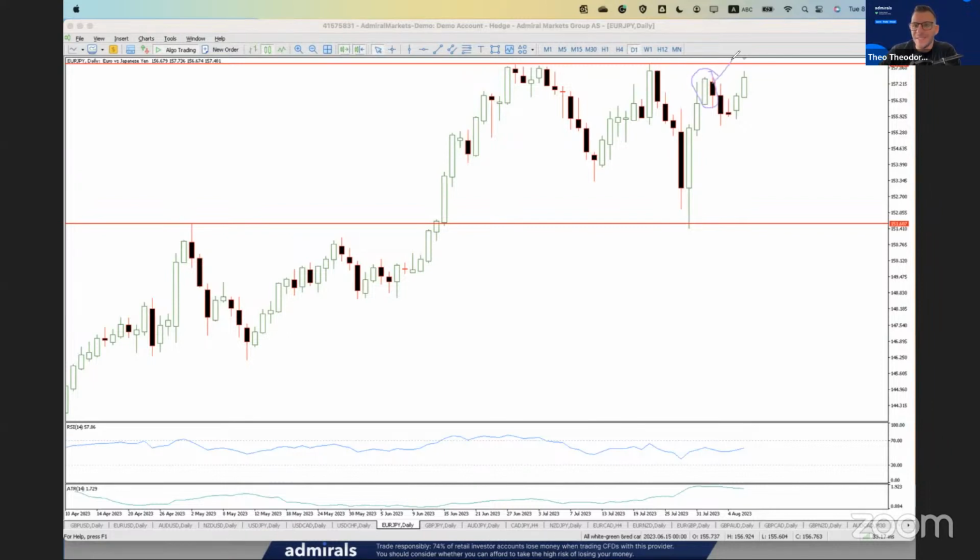The price didn't tap into this area of resistance, so there is no accumulation of sell orders. And think of it in that way. If you were the trader who would like to sell this resistance, would you have a sell limit order here at A, at B, or maybe at C, a sell limit order if price tapped into this area of resistance and it rejected to the downside?